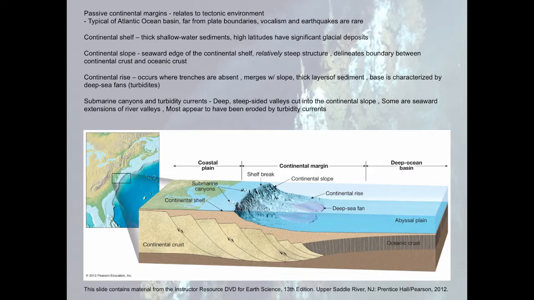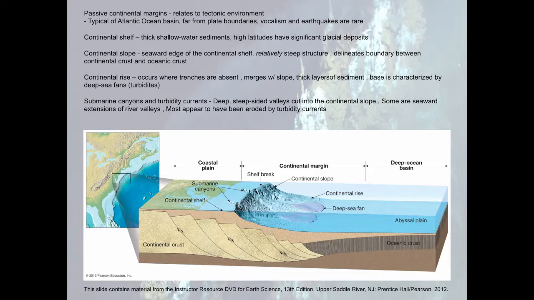Continental margins can be characterized in two different ways: passive continental margins or active continental margins. And the characterization is based on the tectonic environment, how active tectonics are in that region. Now, passive continental margins are typical. The Atlantic Ocean basin is representative of a passive continental margin. It's far from plate tectonic boundaries.